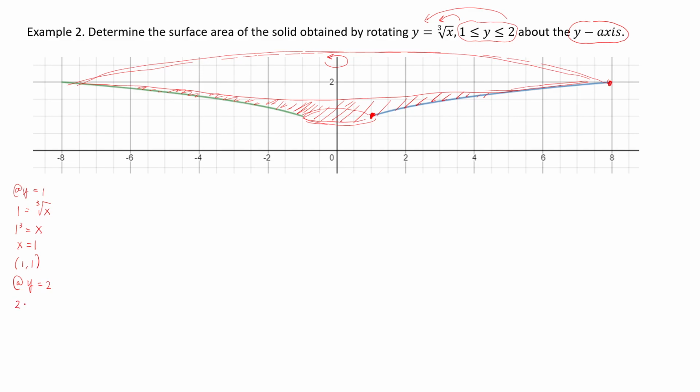So that would be 2 is equal to the cube root of x. Then that's going to be 8 is equal to x, or x is equal to 8. Then the other point would be 8 and 2. So this would already be sufficient evidence for your graph, since you only have 2 points.